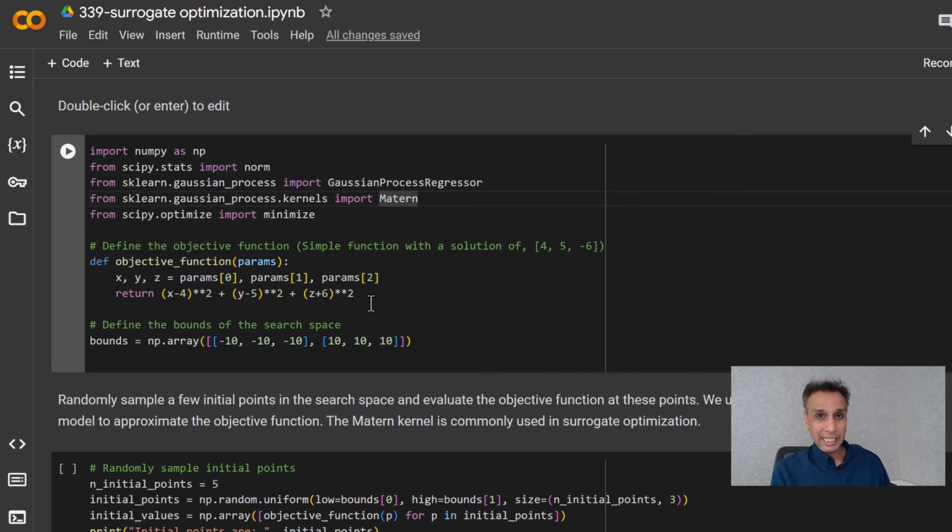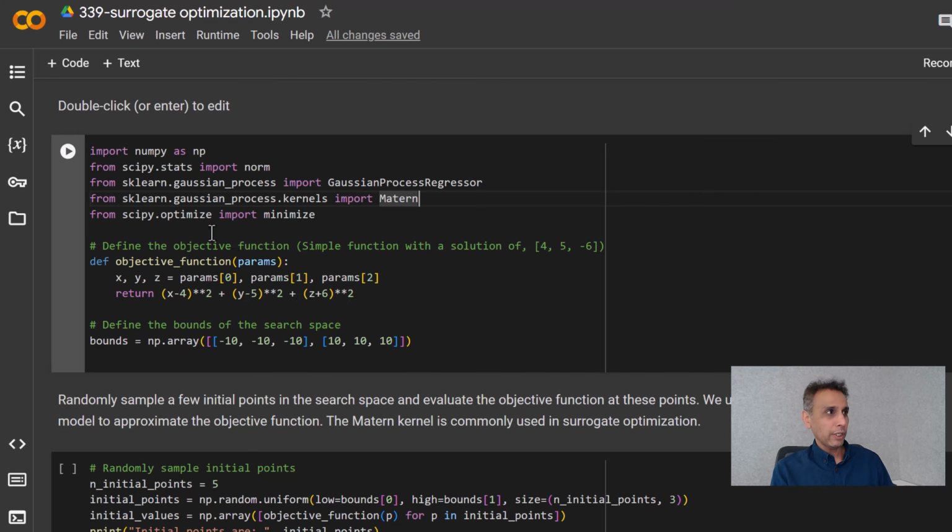You should know what the solution for this problem is. It's nothing but x equals 4, y equals 5, and z equals minus 6, right? So I'm using this simple function so we know what the answer is. And I'm defining the bounds to be between minus 10 and 10. x is between minus 10 and 10, y is minus 10 to 10, z is minus 10 to 10, right?